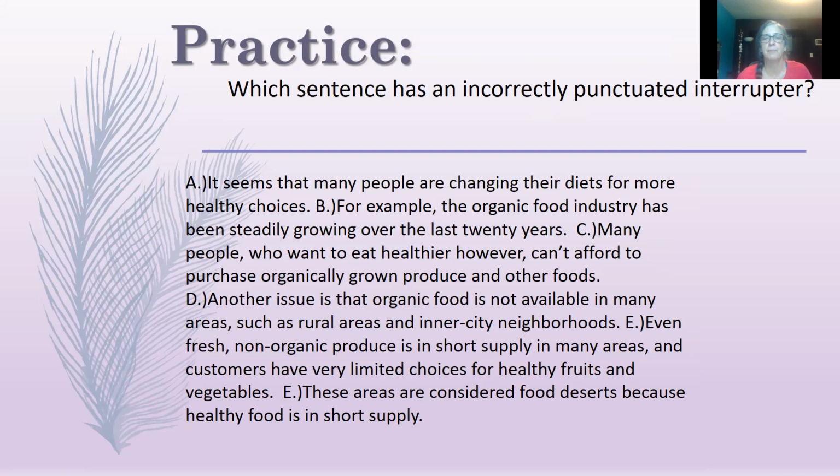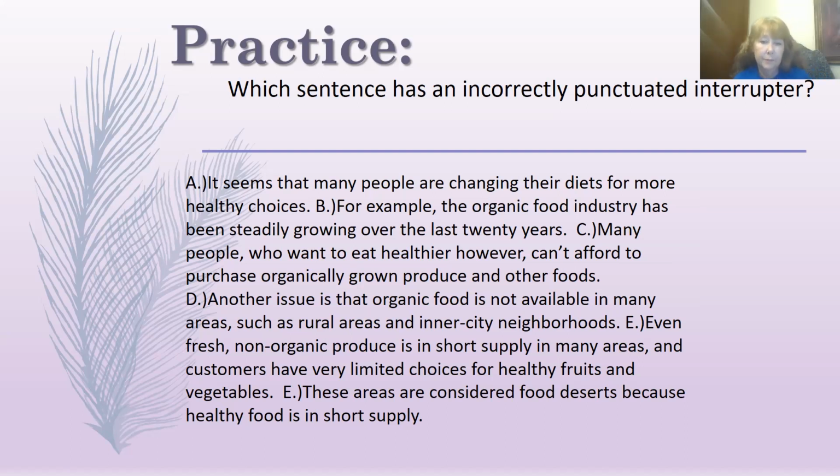Everything looks good. C, many people who want to eat healthier, however, can't afford to purchase organically grown produce and other foods. What do you think about C? I think it needs another comma. Where would you put that other comma? Where the however is.